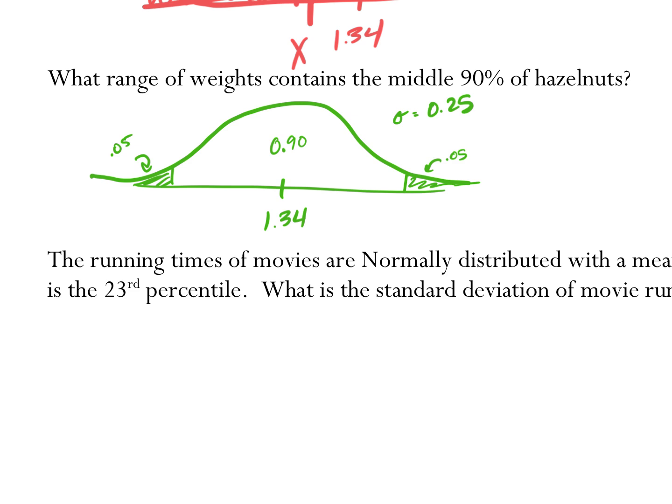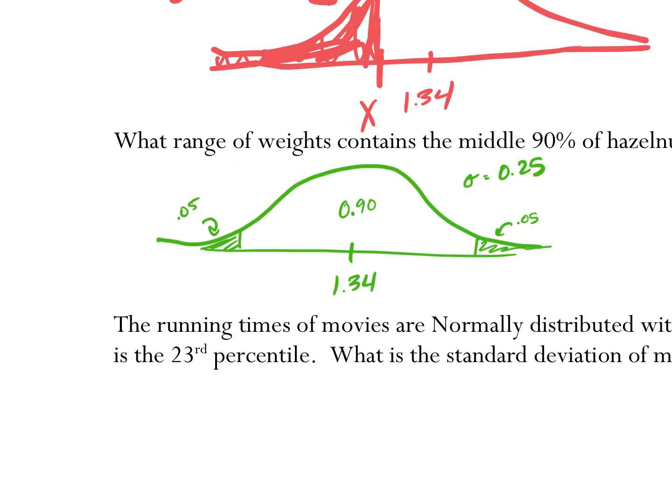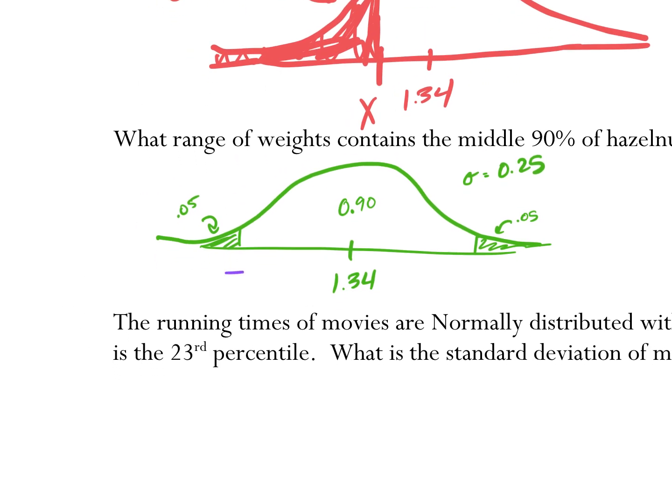So then what do we tell the calculator? In some respects, if I want to find this specific value here, do I know the area to the left of that specific value? It is 5%, yeah? And after that, it's no different than the picture above.